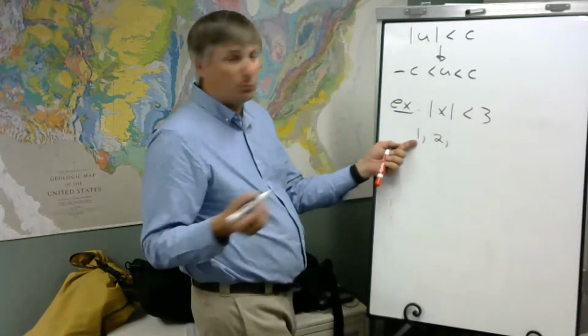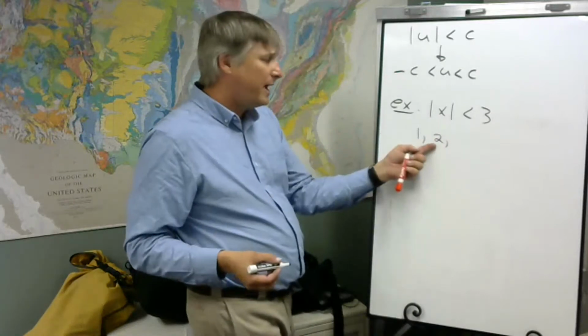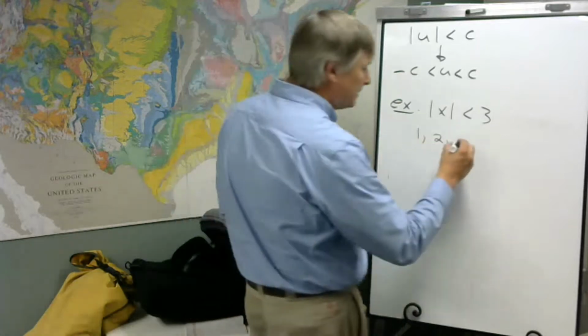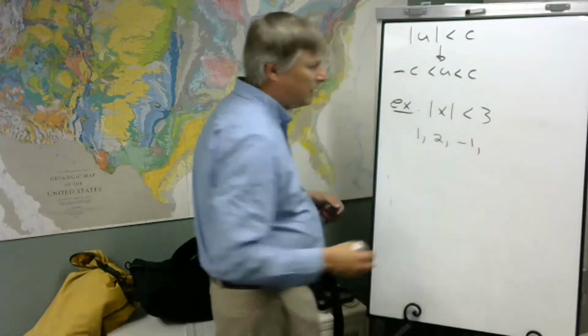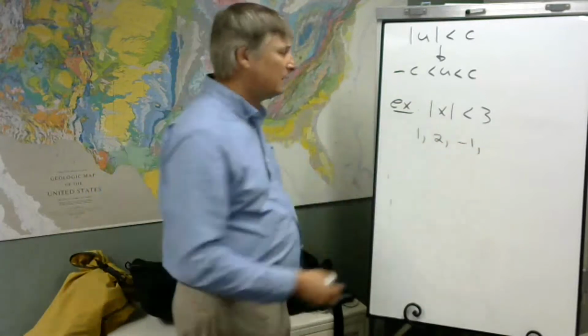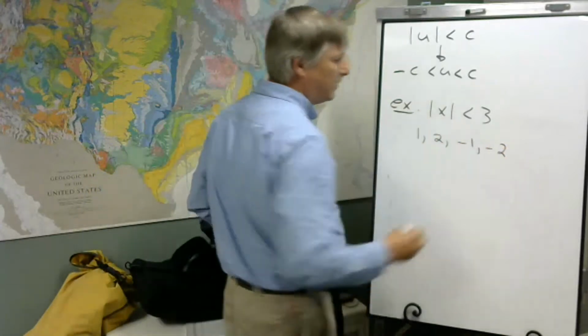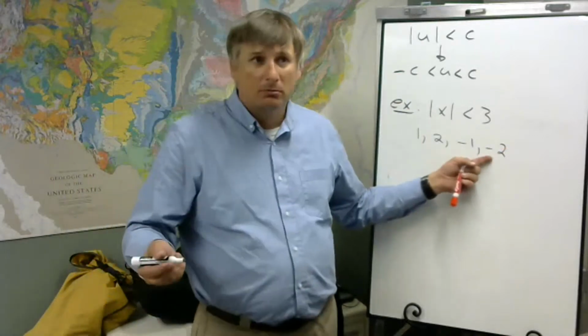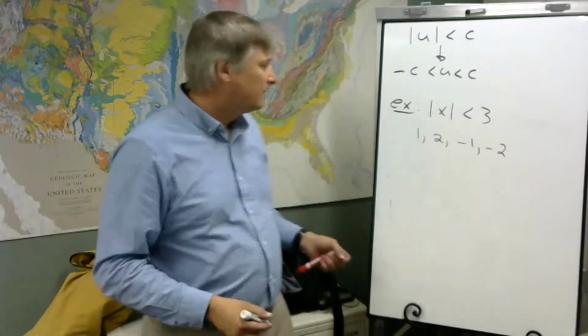Absolute value of 1 is 1. That's smaller than 3. Absolute value of 2 is just 2. That's smaller than 3. Same with -1. Absolute value of -1 is 1. Same with -2. Absolute value of -2 is going to be 2, which is smaller than 3.